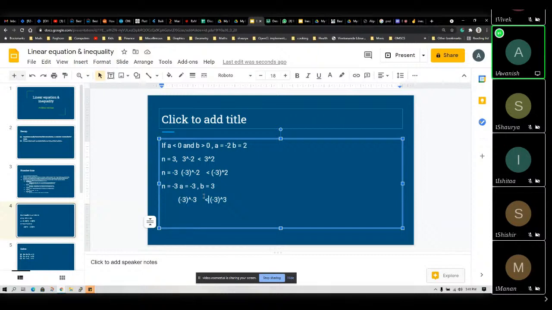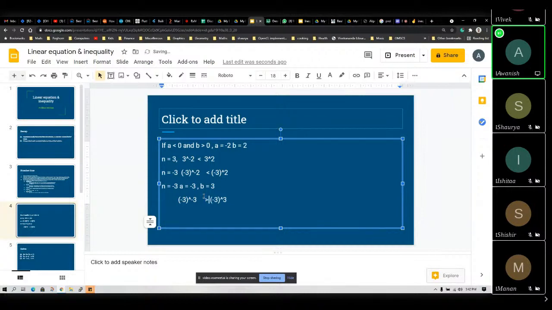So which one is smaller? Sir, it should be minus 27 lesser than minus 1 upon 27. So is the sign I gave here right or wrong?